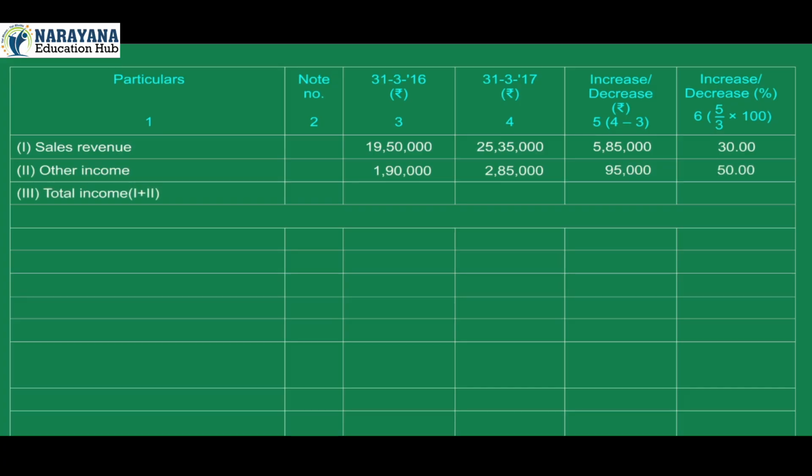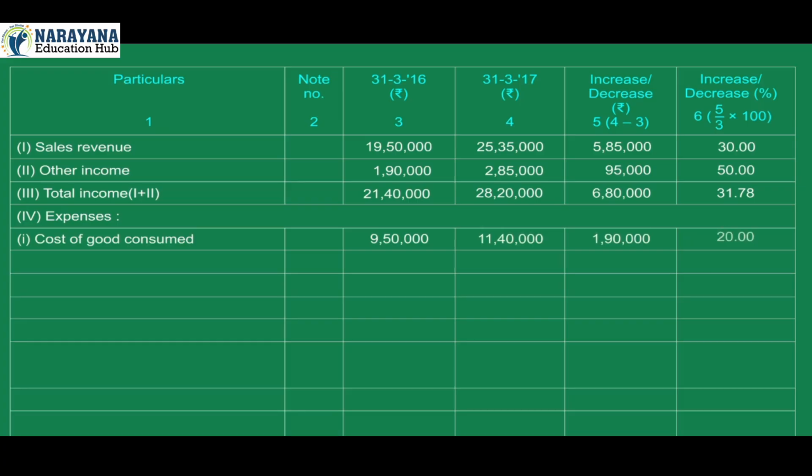3. Total income 1 plus 2, 21,40,000, 28,20,000, 6,80,000, 31.78%. 4. Expenses. 1. Cost of goods consumed 9,50,000, 11,40,000, 1,90,000, 20%. 2.